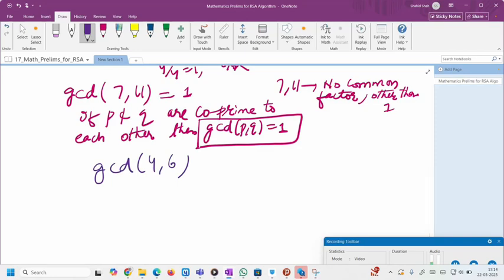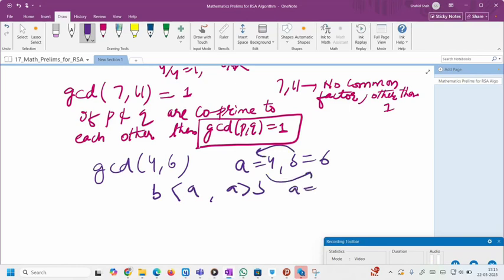Let's denote the numbers A as 4 and B as 6, and let's put a norm that B should be less than A, or A should be greater than B. So in that case we will swap. We'll store A as 6 and B as 4, and so GCD is commutative, the same as GCD between 6 and 4.